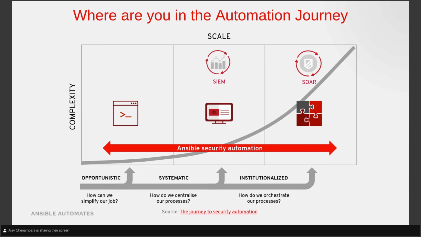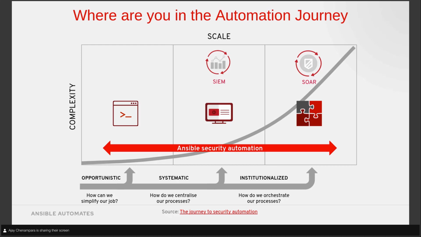That almost brings you to that middle layer, where you now have that body of work through your playbooks. Now, having the body of work in a single place like Ansible Tower and integrating with your SIEM tool will help folks in that middle, systematic part of maturity to improve their processes and procedures and time to respond.